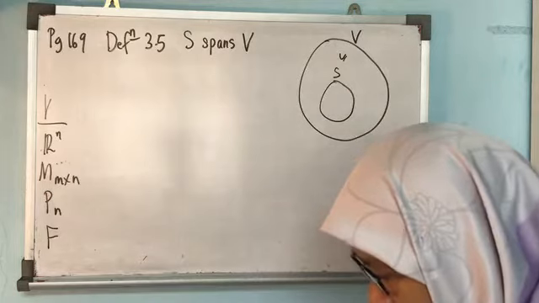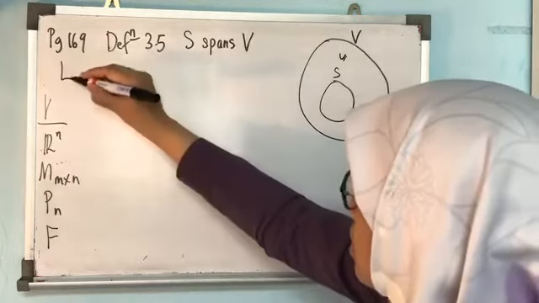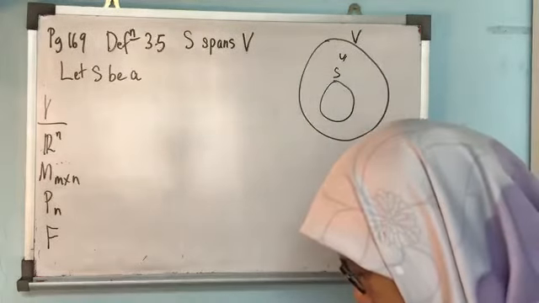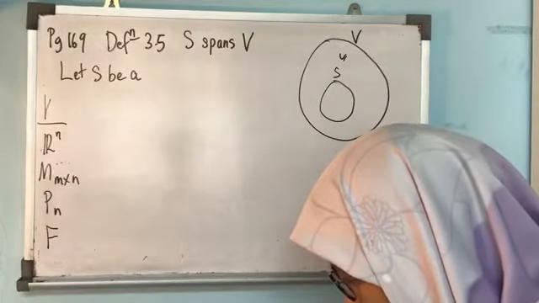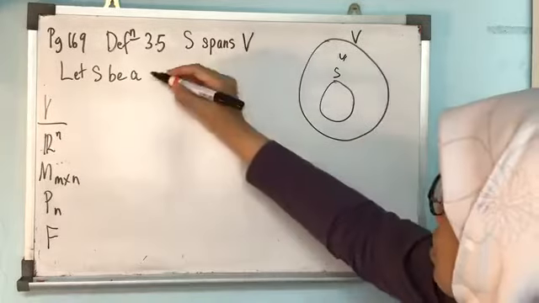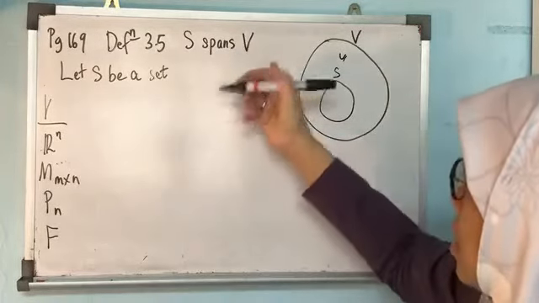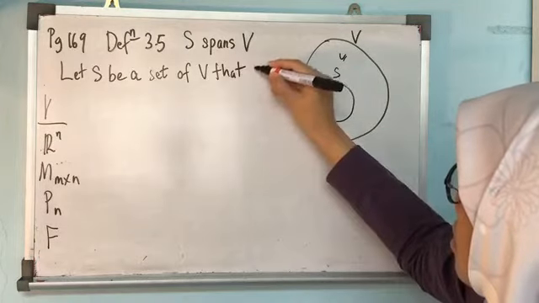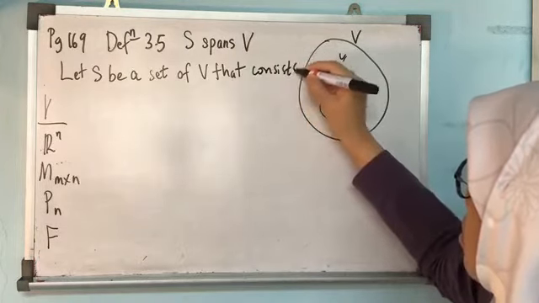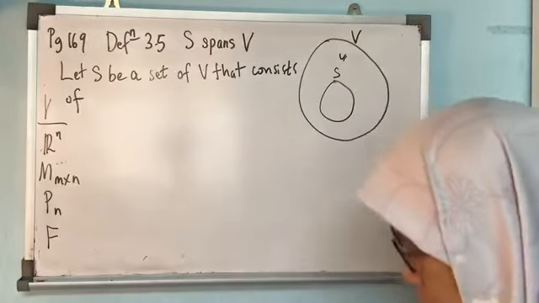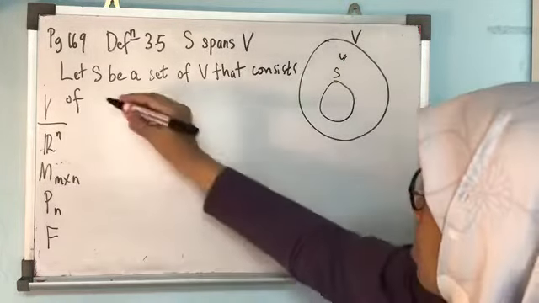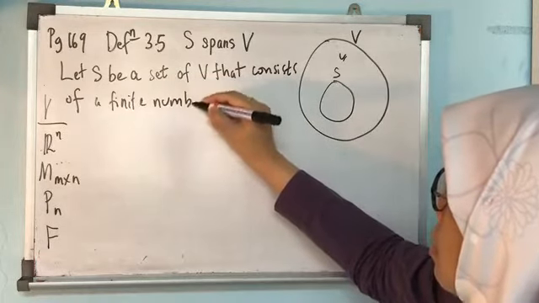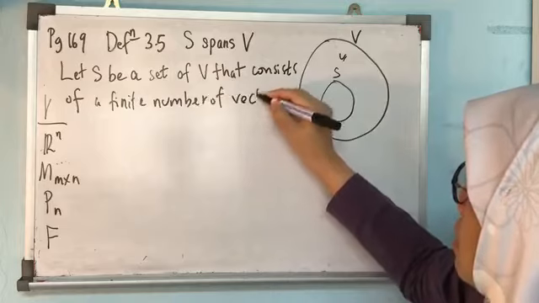So let S be a set or subset of V that consists of a finite number of vectors.